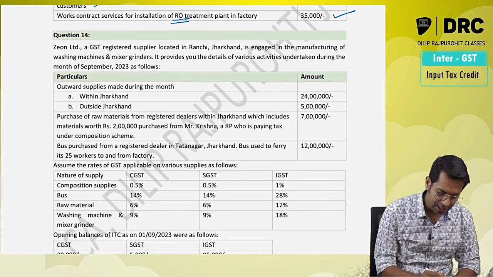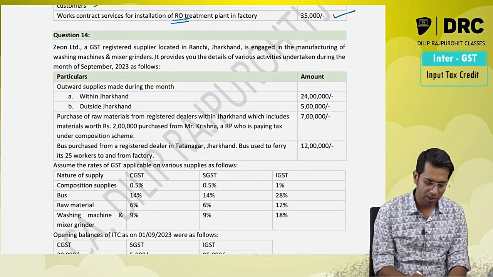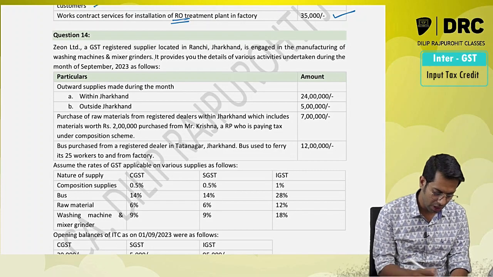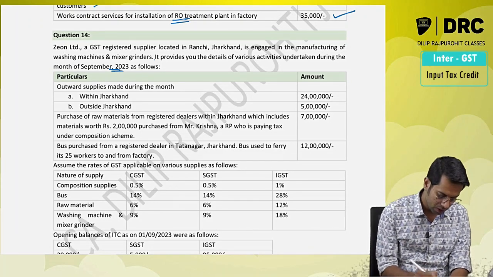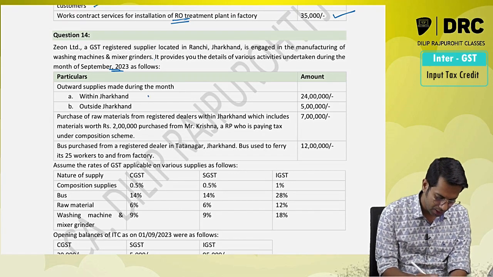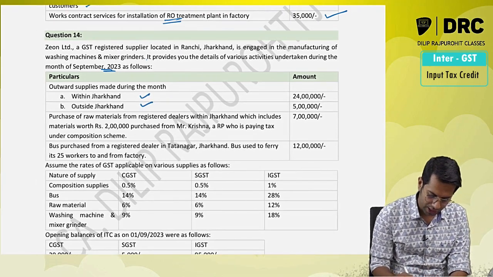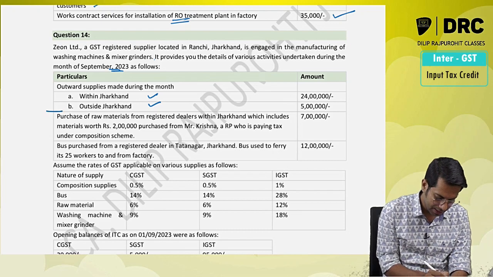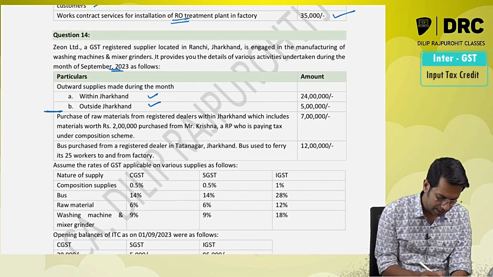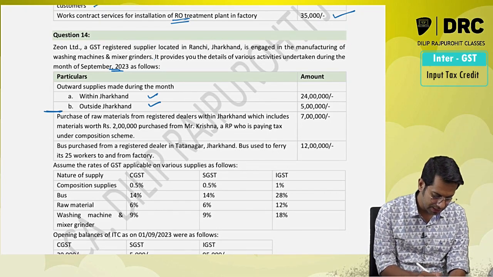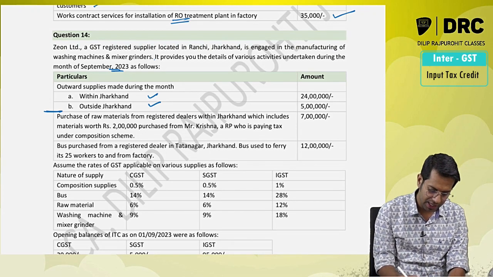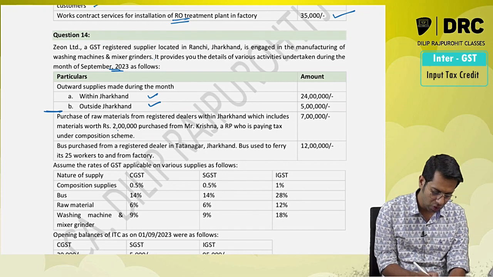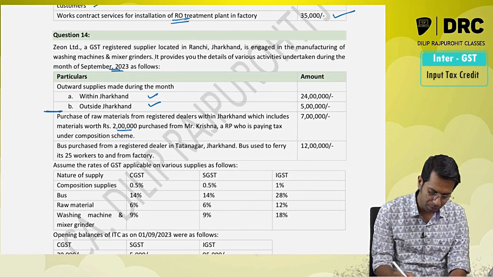So Z Limited, a registered dealer, a supplier in Ranchi, has manufactured ... So they have given the details of sales and purchases for the month of September. The details of outward supply within Jharkhand, outside Jharkhand. Okay. So this is with respect to sales. Then purchase of raw material from a registered dealer within Jharkhand, which includes 2 lakh rupees from Krishna, who is a composition dealer.